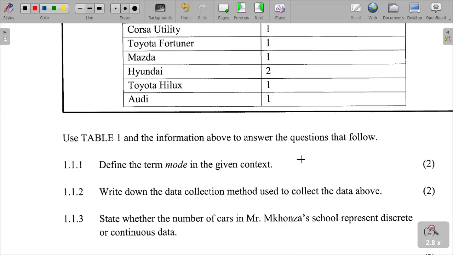Mode, I'm sure you remember from statistics. When you are talking about mode, it is actually the type of car that appears most, or appears more than the other cars.